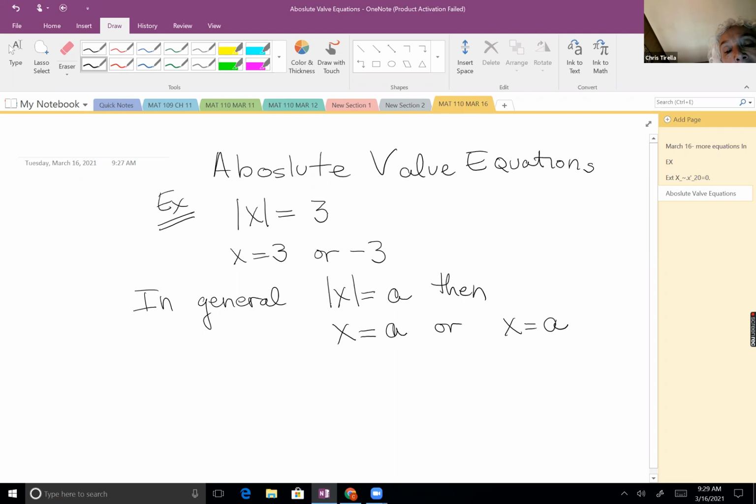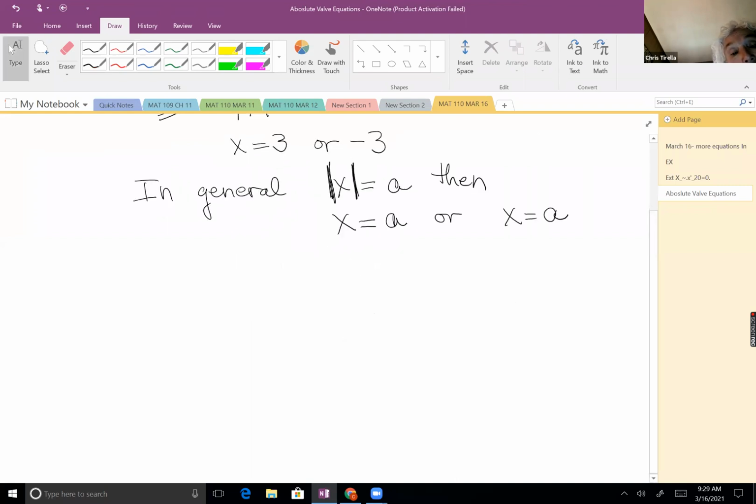And so I like to think that when I look at that absolute value symbol, it's got 2 bars. And when I solve that absolute value equation, I end up having to solve 2 equations. One where the quantity in between the bars is equal to the expression on the other side, and one where it's equal to the opposite of that expression.